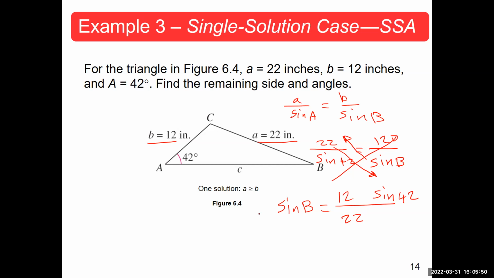Sine of B is not the angle. We have to do sine inverse. B equals sine inverse of whatever answer you get from here. Okay, the sine inverse, that's an angle. This is just a sine.